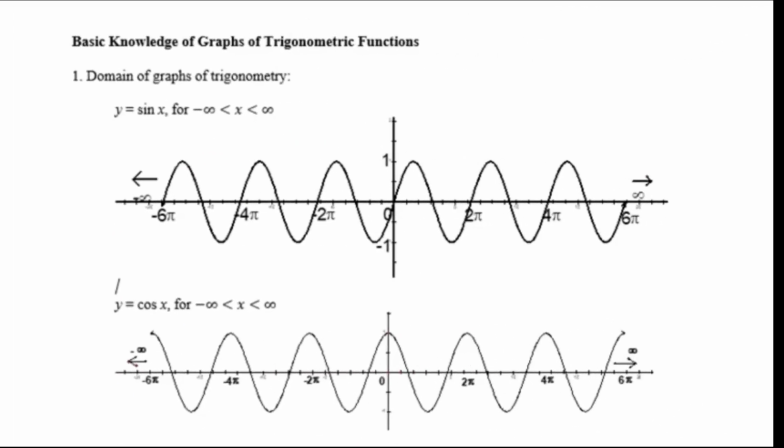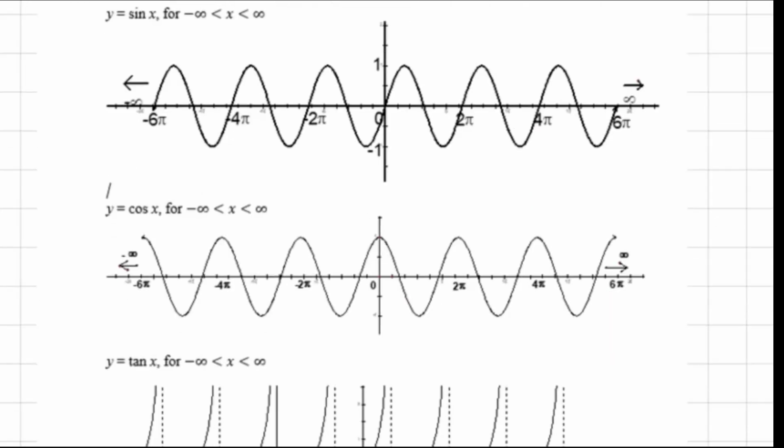Before we start the lesson, let's look at the graph of the trigo function. From the diagram, we can see that the graphs of sine x and cos x are continuous functions from negative infinity up to positive infinity. And we also notice that the graph repeats every 2 pi because 2 pi is equal to 1 circle.